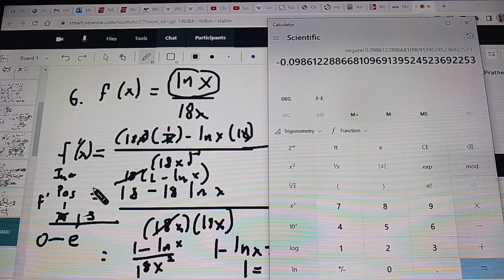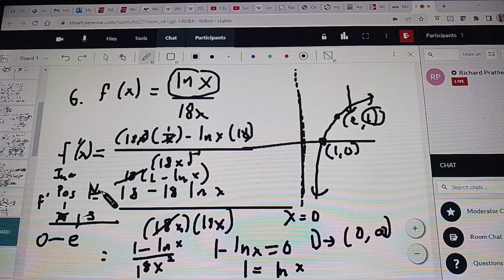So that's going to make the derivative negative anytime you plug something in bigger than e. So then the graph's decreasing. It increases and then decreases. There's a relative maximum at e. By the first derivative test, e is a relative maximum.